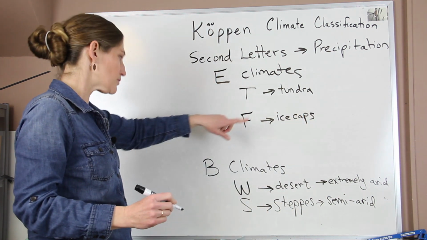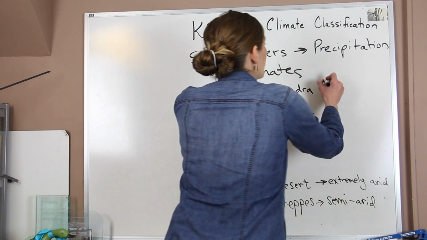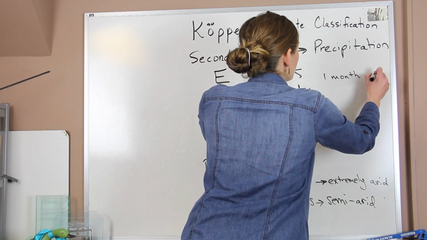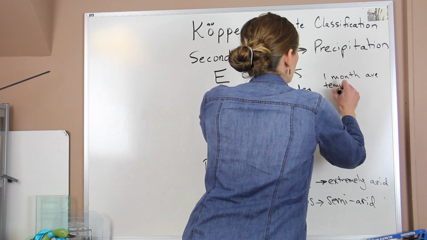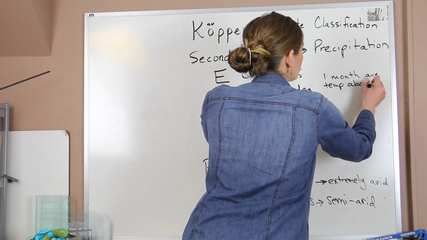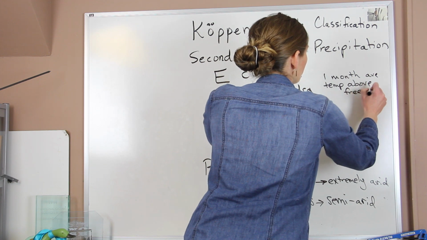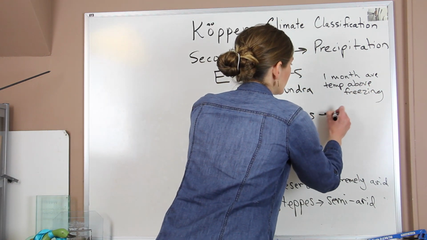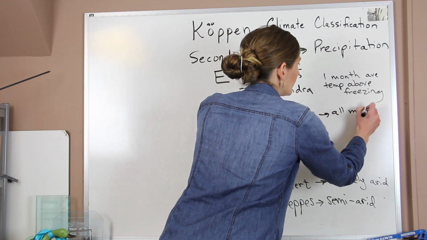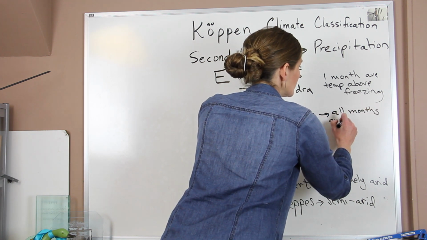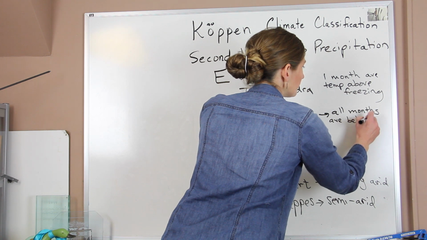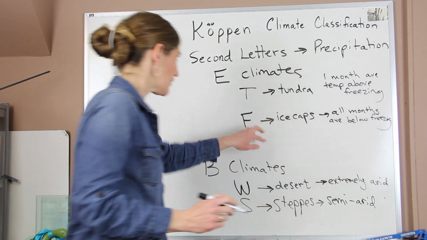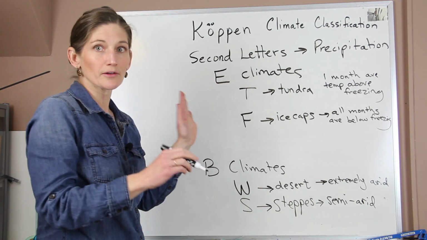Okay, so the difference between these: in the tundra, at least 1 month will have an average temperature that's above freezing. In our ice caps, all months will have averages below freezing. Okay, so very cold year round. So just some minor seasonal variation.